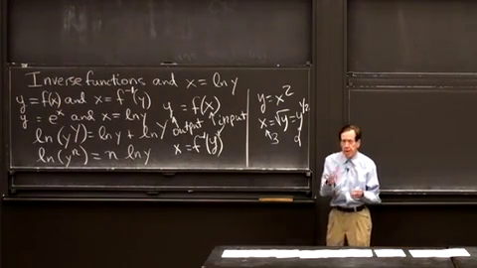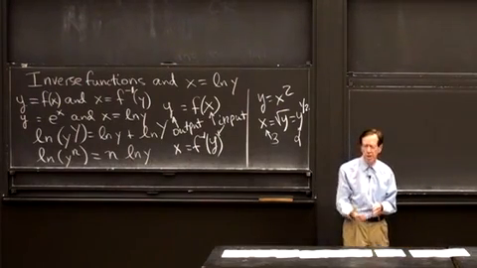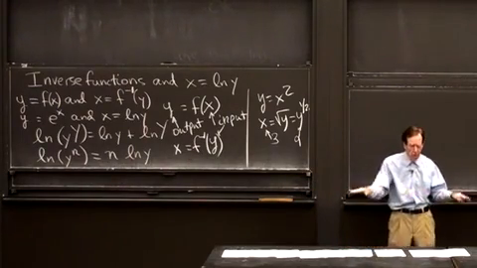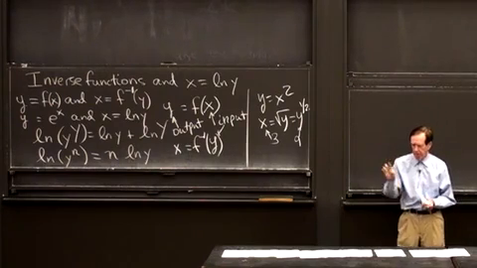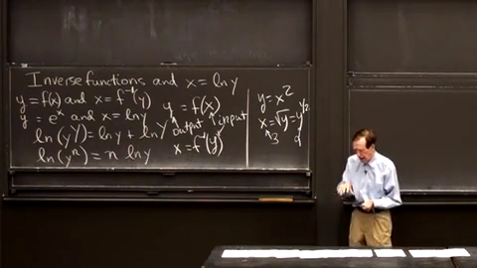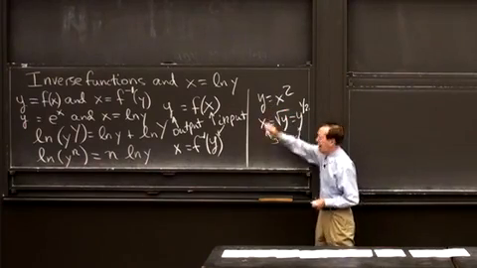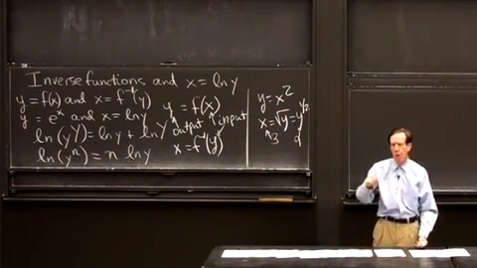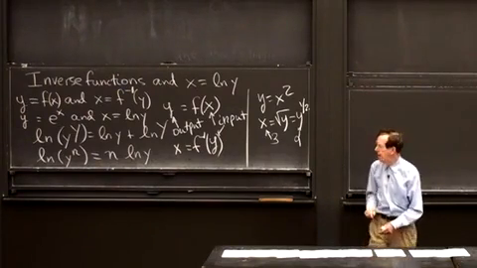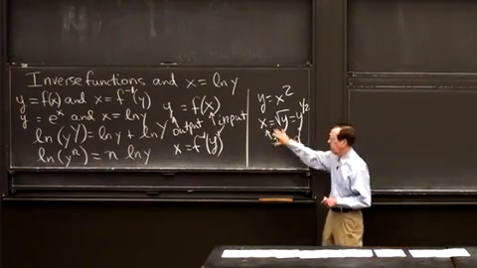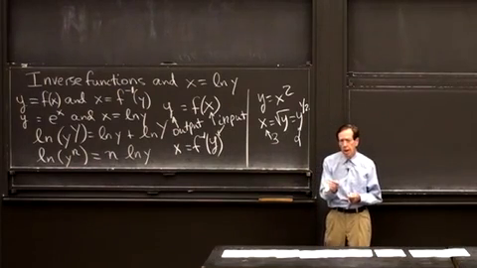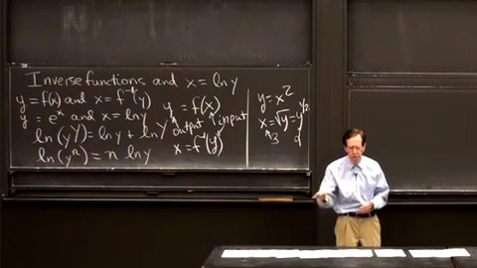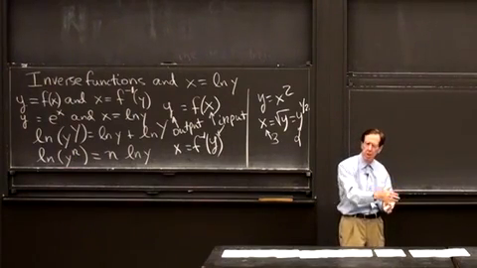Because if I extended the function x squared to go for all x's, so if x equal -3 was an allowed input, then y would be the same answer, 9. So I would be getting 9 from both 3 and -3. And then in the inverse, I wouldn't know which one to go back to. In the inverse, the input would be 9, but should the output be 3 or -3?